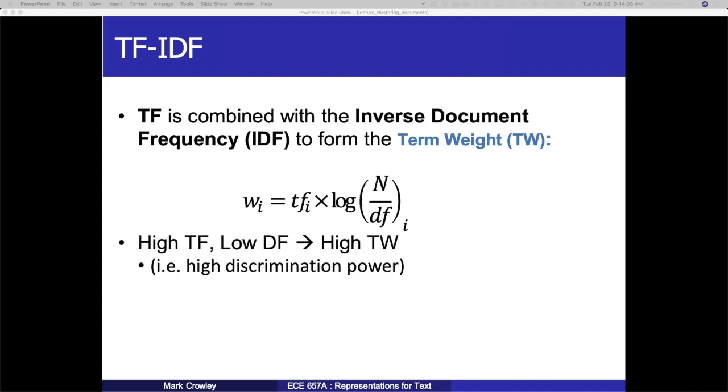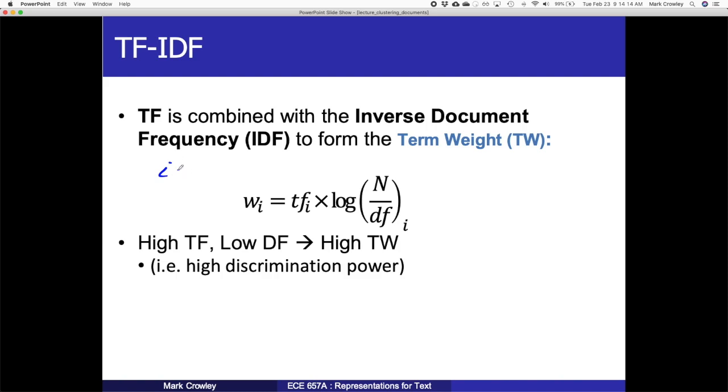The subscript tells you which word it is, the term in the vocabulary.